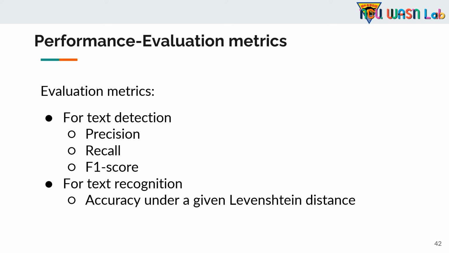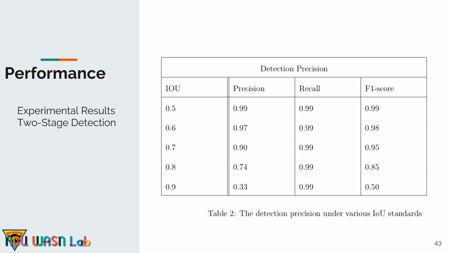And that is the recognition accuracy of text recognition under different allowable values. In the case where IOU is 0.5, that is under the standard of the field of object detection, precision, recall, and F1 reached 0.99, while at IOU 0.7, precision, recall, and F1 were 0.9, 0.99, and 0.95. Recall always remains 0.99, which means that there will be no license that is not detected.